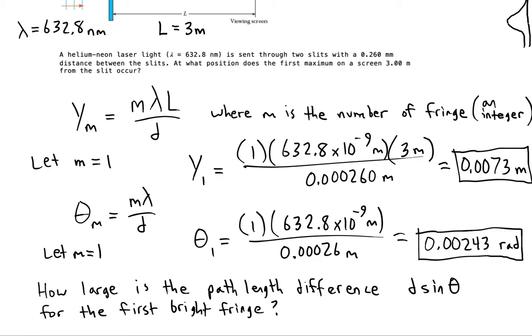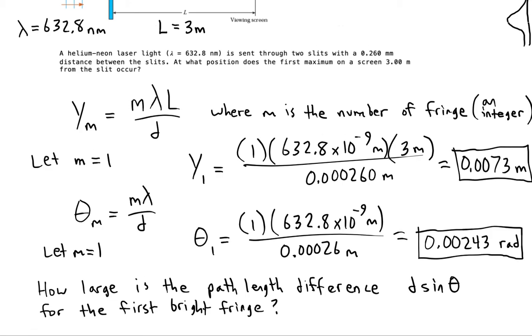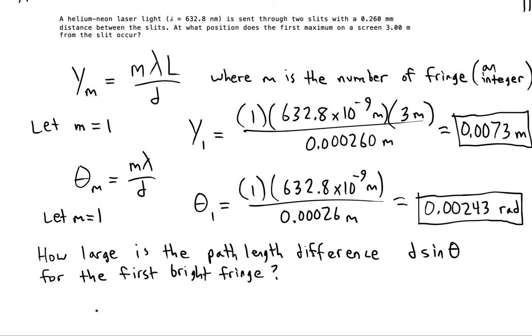That's a common question. All right, so we would do this: d sine theta equals m times lambda. That's the formula for bright fringes.